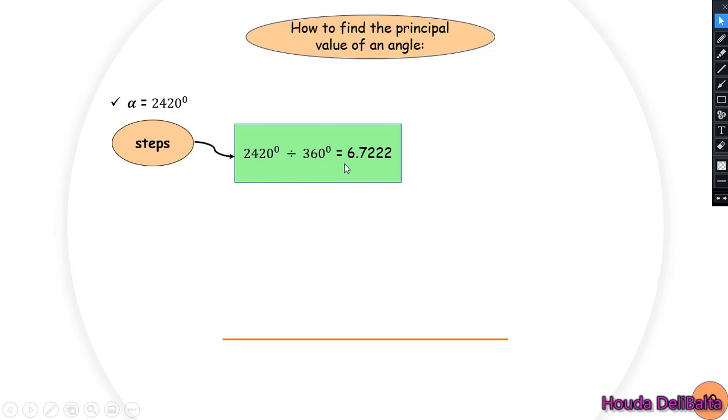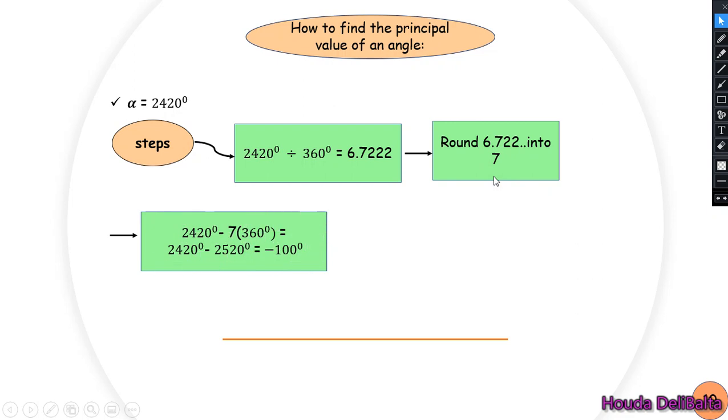Now here, dividing by 360, the answer is 6.722, etc. We have to round this answer to the nearest unit, and we get 7. Then we subtract the given measurement minus the rounded answer multiplied by 360.